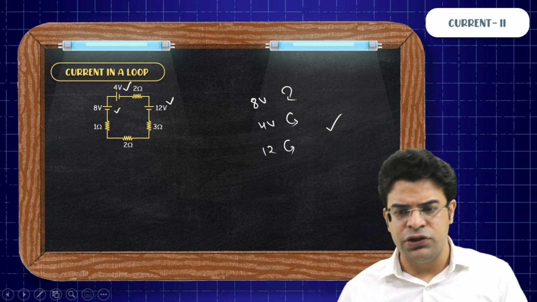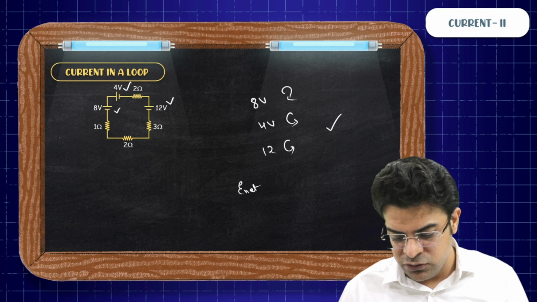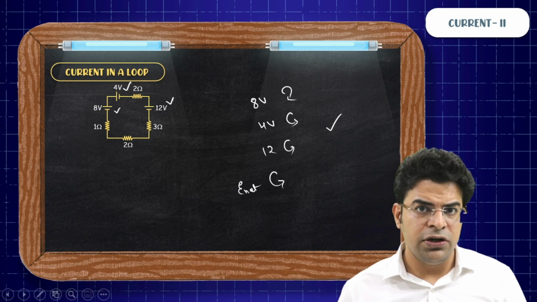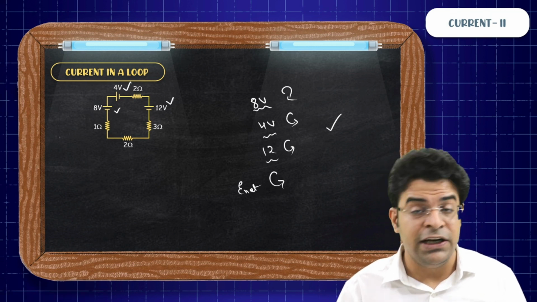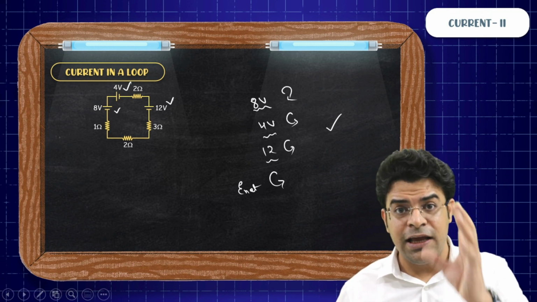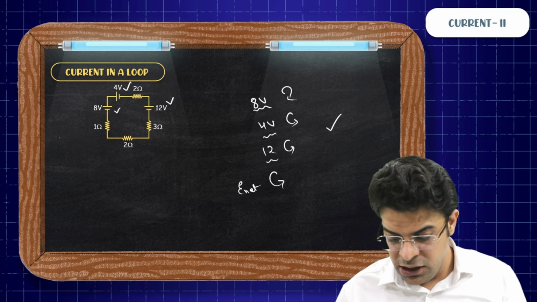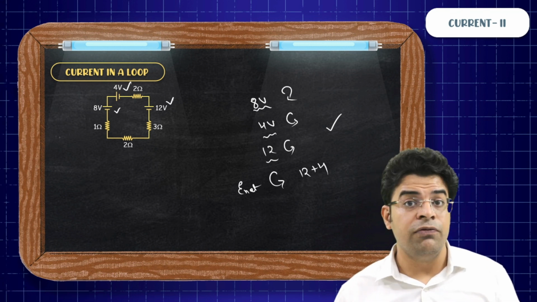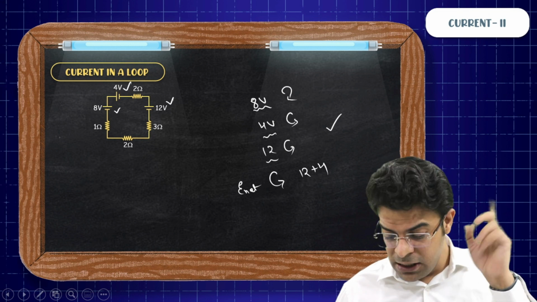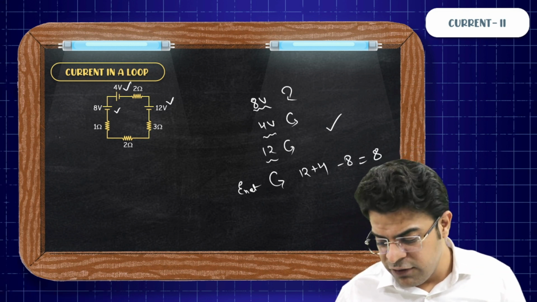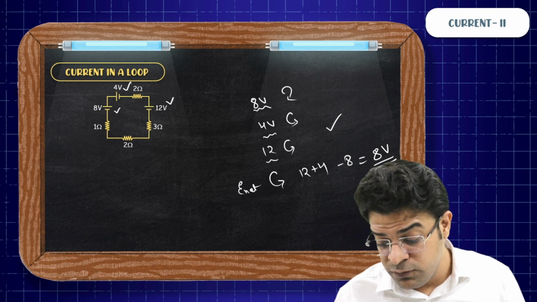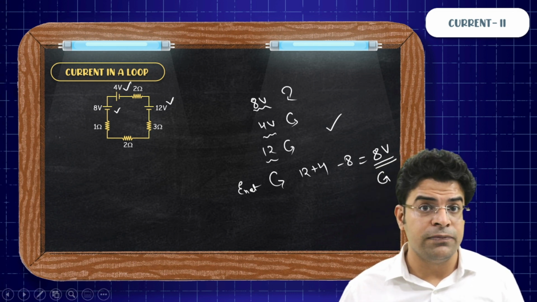Now, if I ask you what is the net EMF which is trying to drive the current anti-clockwise, you will say, sir, 12 and 4 are in team anti-clockwise while 8 is in team clockwise. So the net EMF in anti-clockwise sense will be 12 plus 4, the ones which wish to drive the current anti-clockwise, minus 8 volt, the one which wishes to drive the current clockwise. So the effective EMF is 8 volt which wishes to drive the current anti-clockwise.